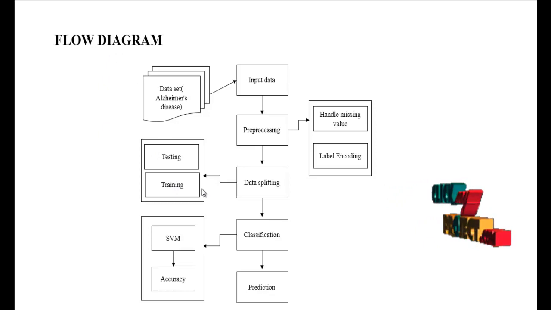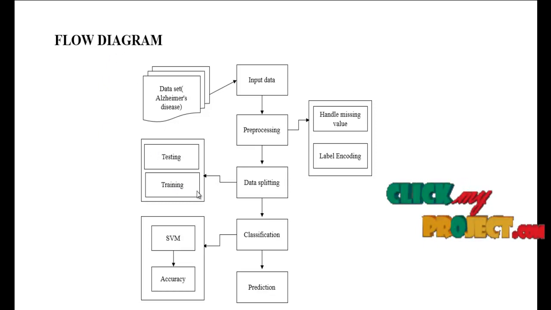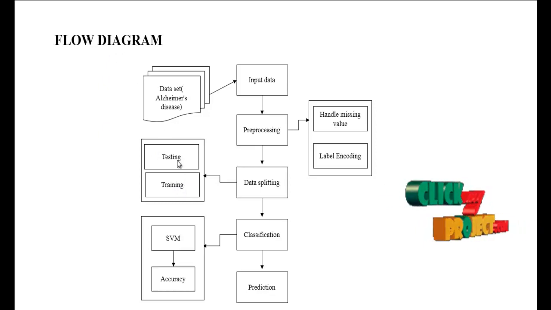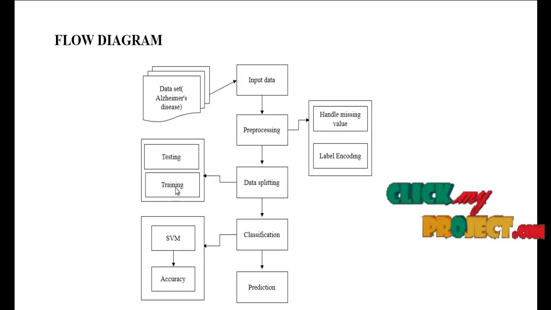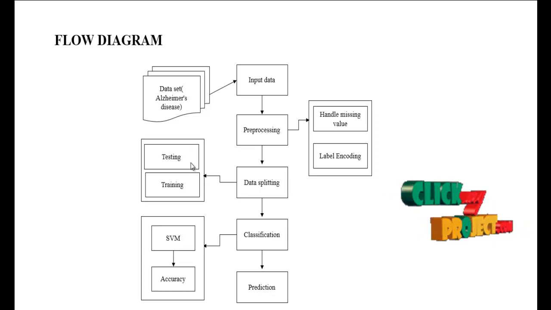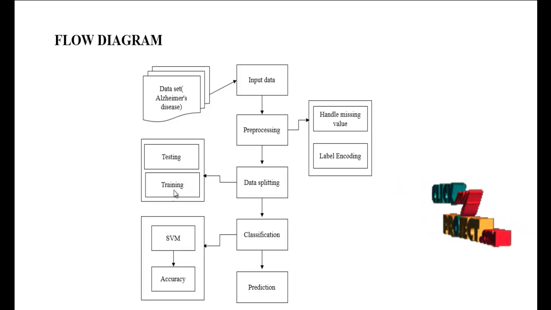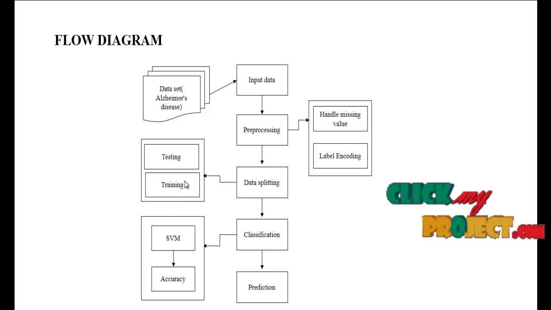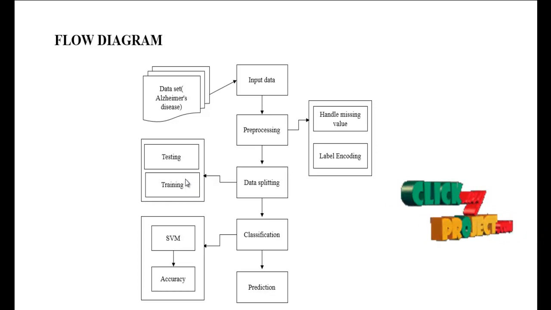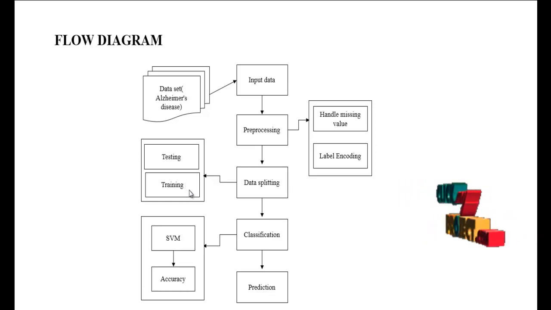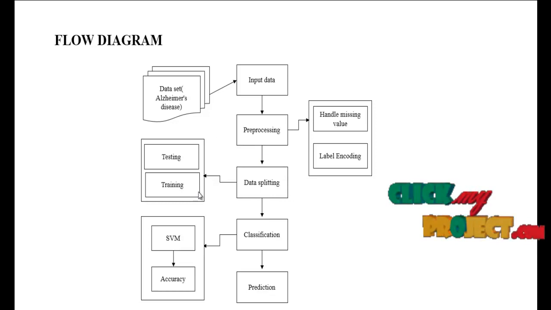For example, if you take 30% for testing, the remaining 70% of data are present in training. Or else, if you take 20% for testing, the other 80% are present in the training set. So this is the major role of the data mining process.